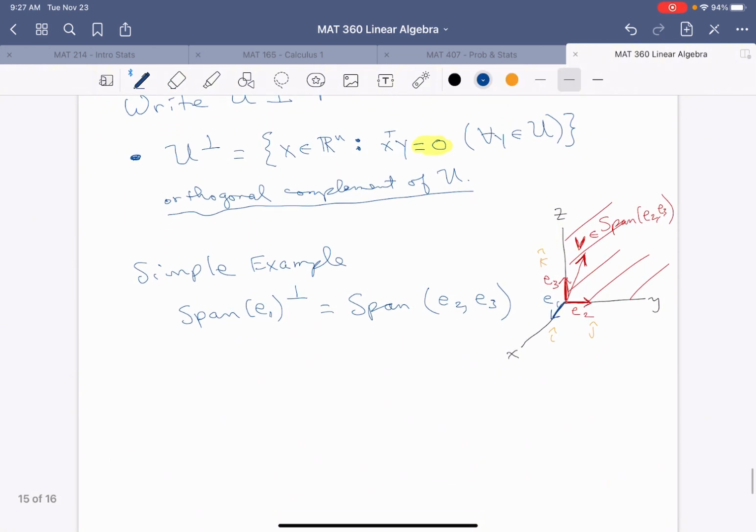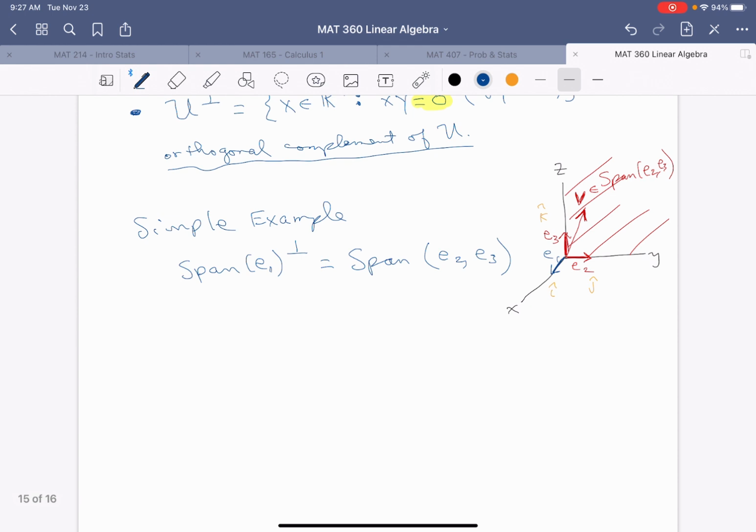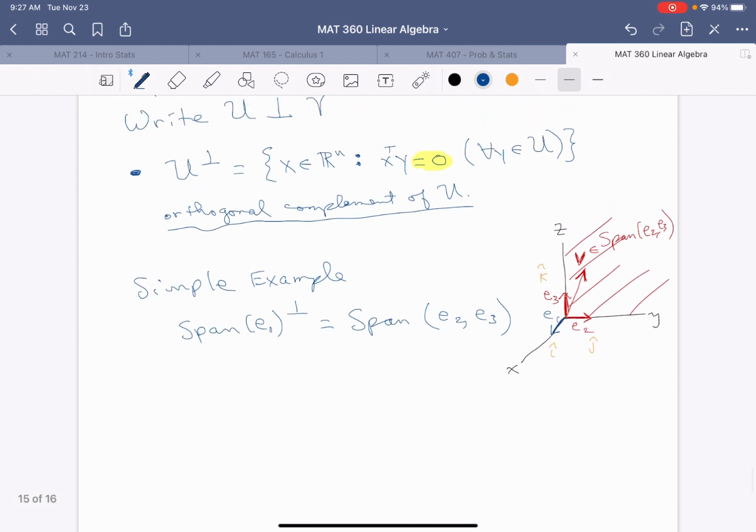So now let's do this one little theorem. One part of this theorem is to show that the orthogonal complement actually is a vector space. It's always a vector space. Notice in my example, we know that it's a vector space because it's equal to the span of E2 and E3, and we know that the span of vectors does give us a vector space.